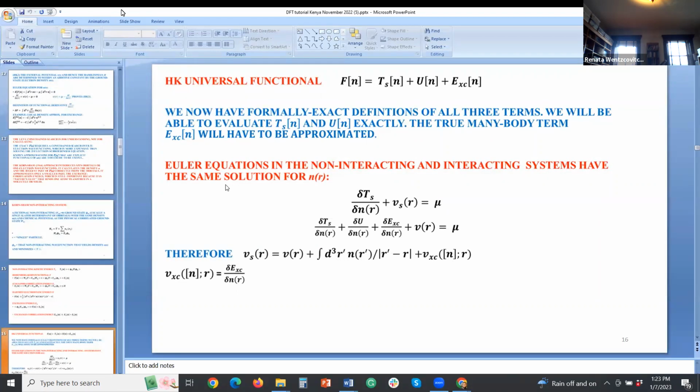We can compute the Hartree energy exactly using the density. And the only quantity that remains to be approximated is this many-body exchange correlation energy, which I believe always has to be approximate in practice to get something that's computationally feasible.